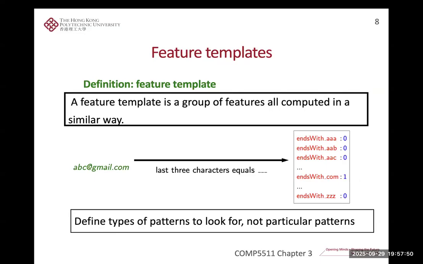We can use English to describe: last 3 characters equals to something we want to fill in. This is what we call a template. There can be: ends with something. This is our list of feature names, with the corresponding feature values. So in here, we do not define a specific feature, for example, including one specific character. No, we want to define a specific pattern, types of patterns. The last characters equal to something.